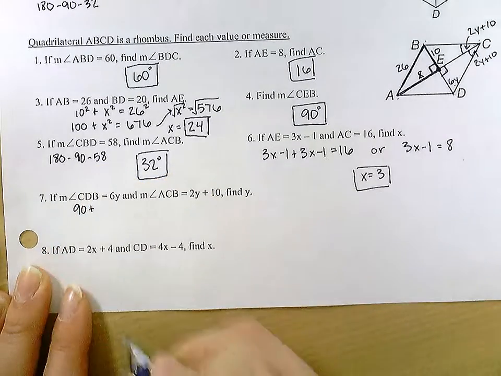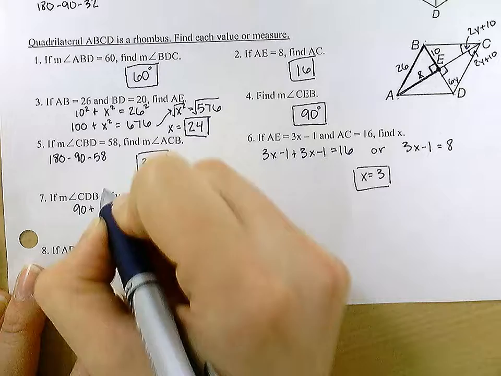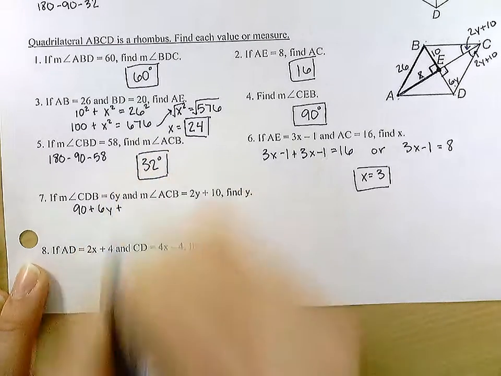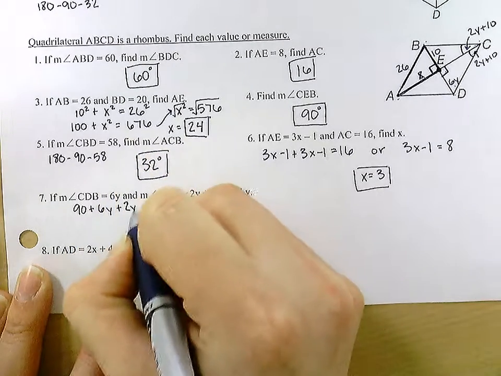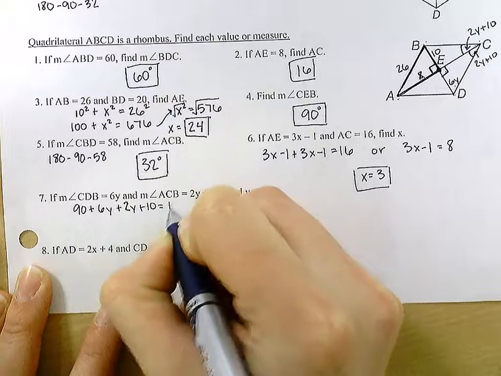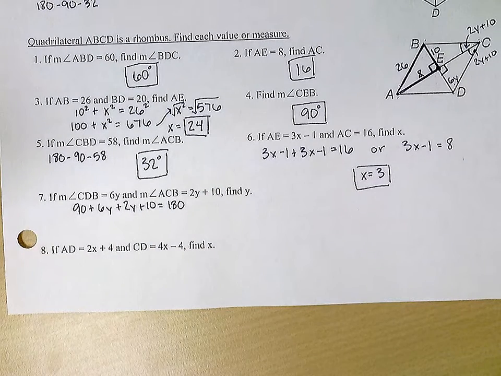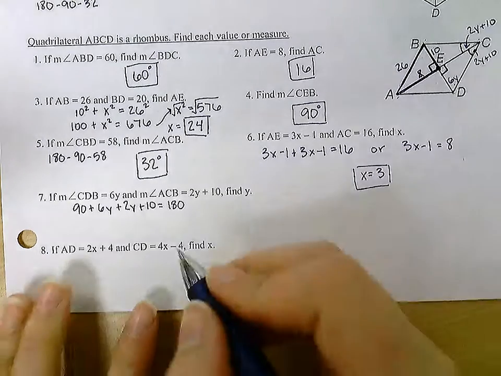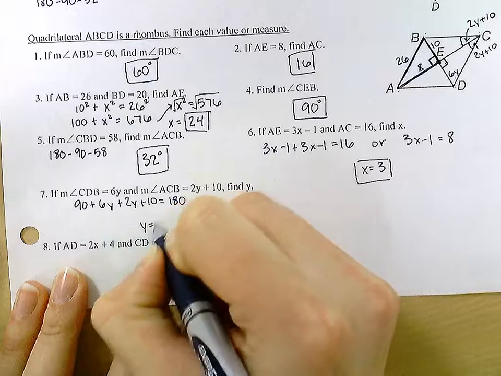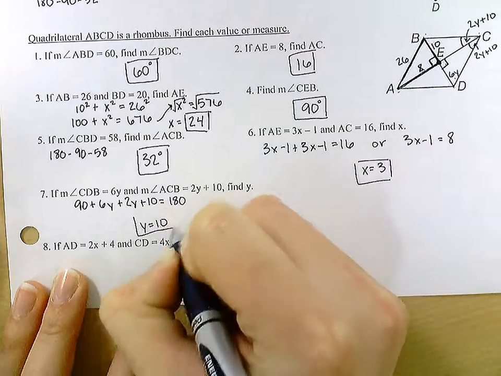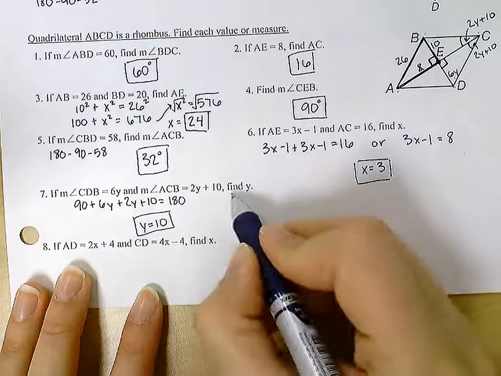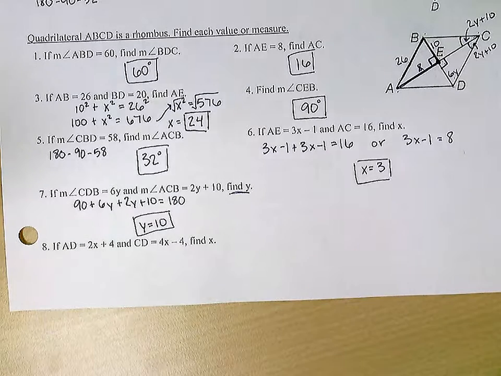So 90 plus 6y plus 2y plus 10, set equal to 180. Once I solve for y, you get y is equal to 10. And I was just finding y.